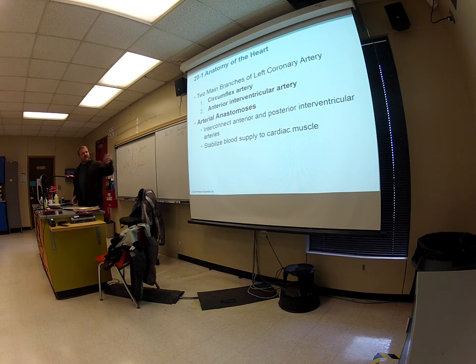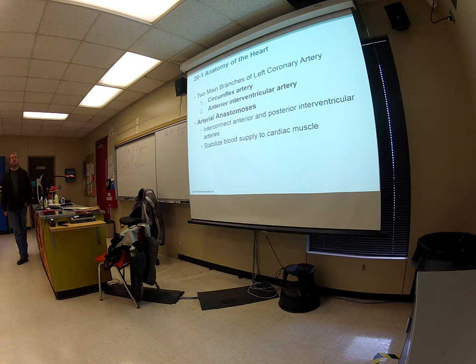Now, arterial anastomoses. This is by far one of my most favorite words to not only say, but also to learn. Anastomoses. They interconnect anterior and posterior interventricular arteries and stabilize blood supply to cardiac muscles.